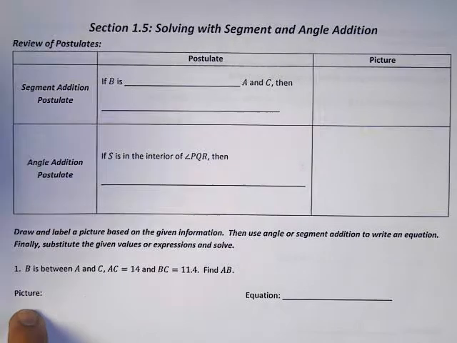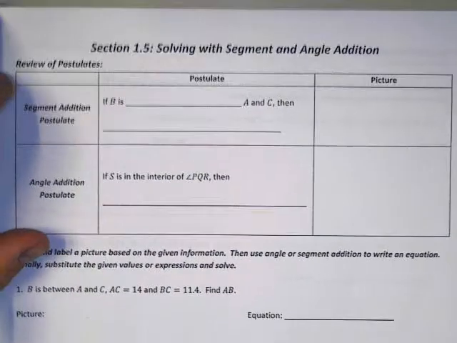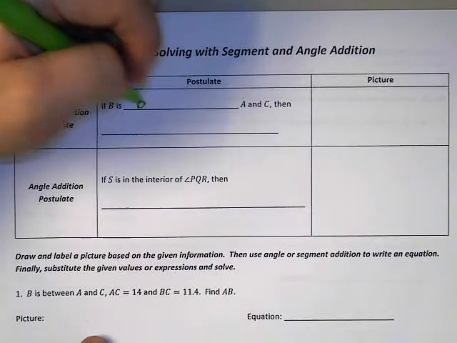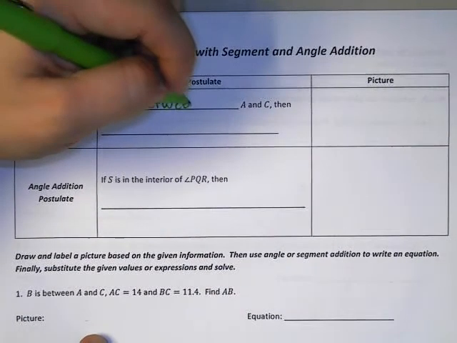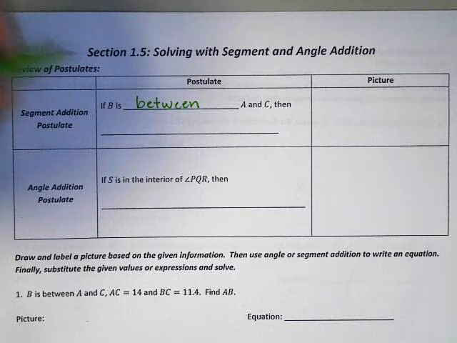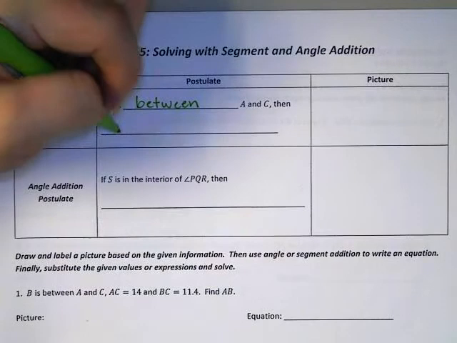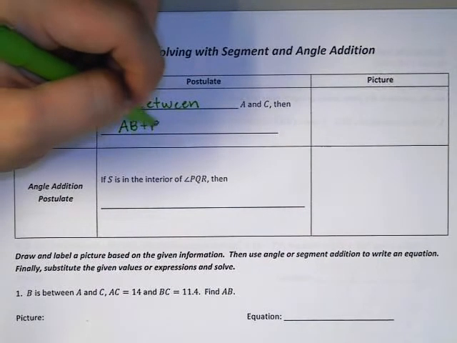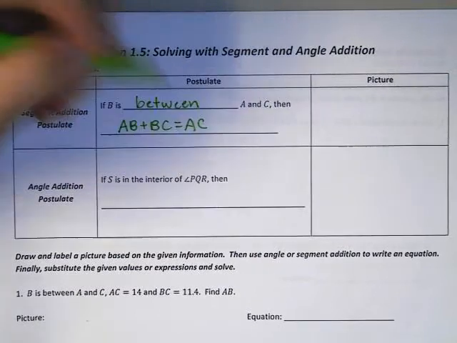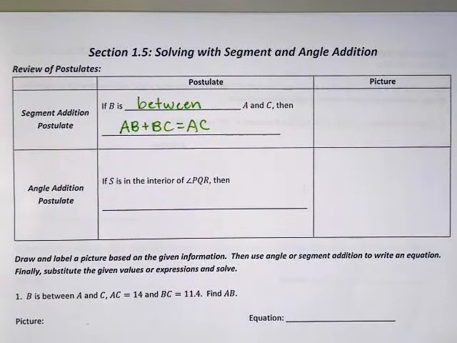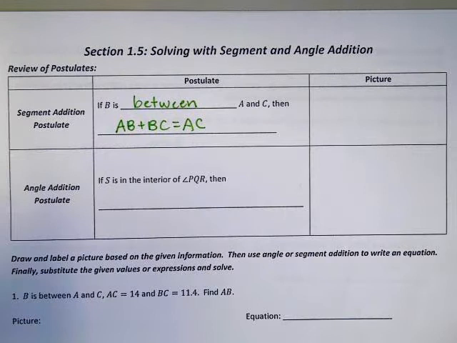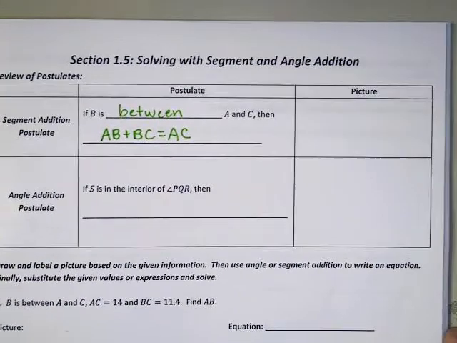So we know already that if B is between A and C, then we can write an equation. We can say that AB plus BC is equal to AC. Now, I know I kind of am just doing this from memory, so let's draw pictures so that you guys can remember.